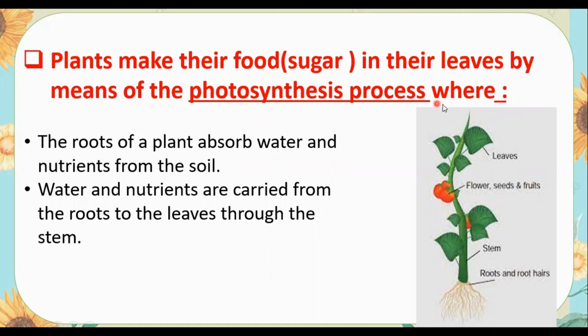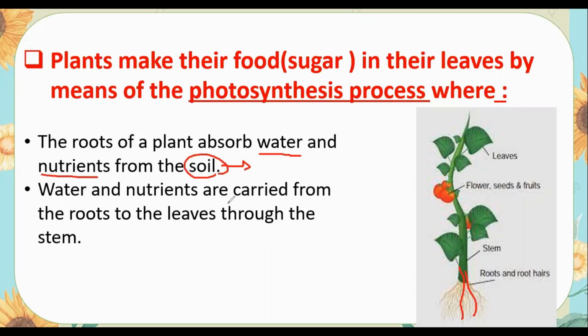The roots of the plant absorb water and nutrients from the soil. That's right, the plants take water and nutrients from the soil. This part is very important because the roots are in the soil, under the soil.